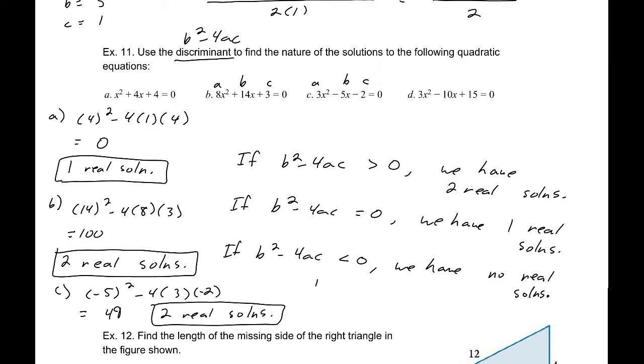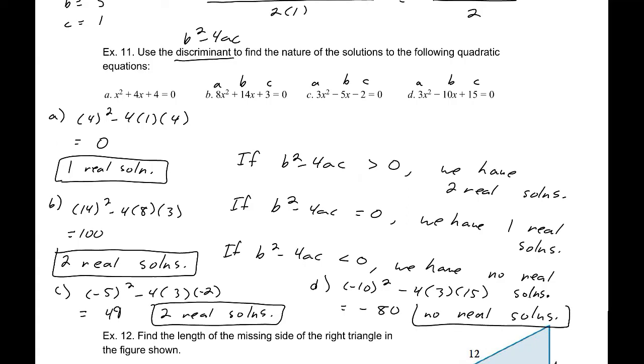And then part D. B squared, negative 10 squared minus 4AC. That's 100 minus, is that 180? Yep, 180. So that is going to be negative 80, which means we have no real solutions. That equation would have two complex solutions.